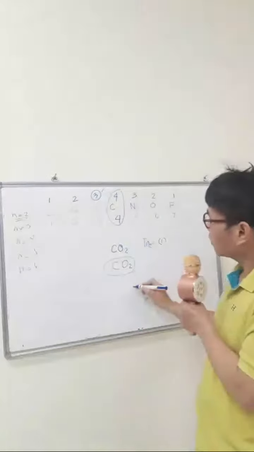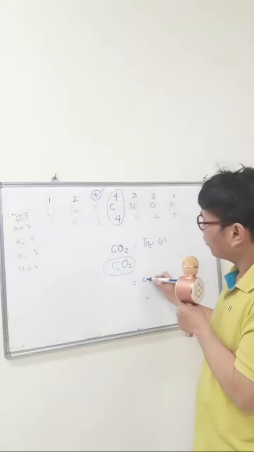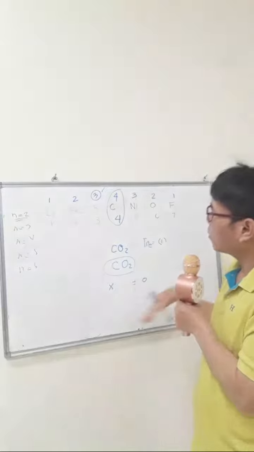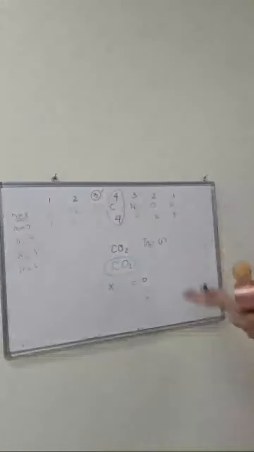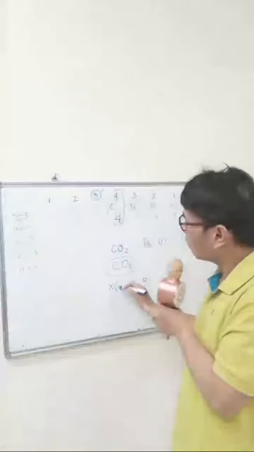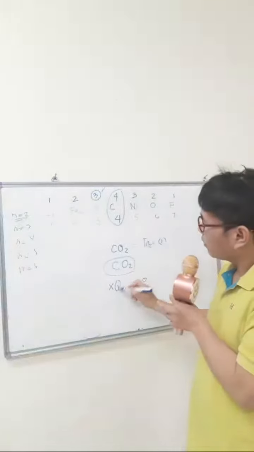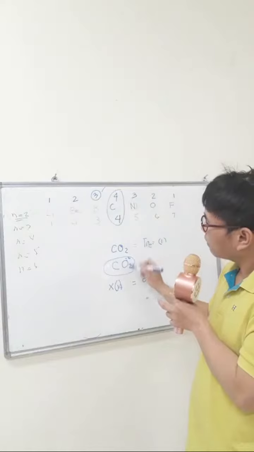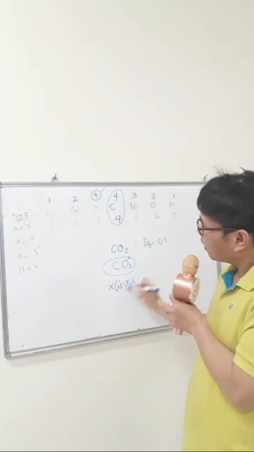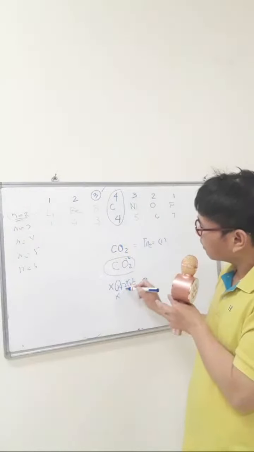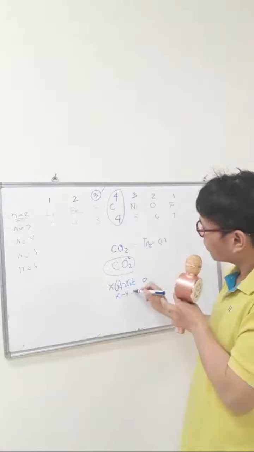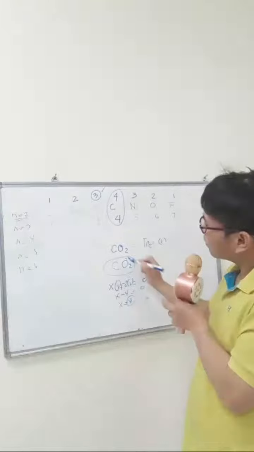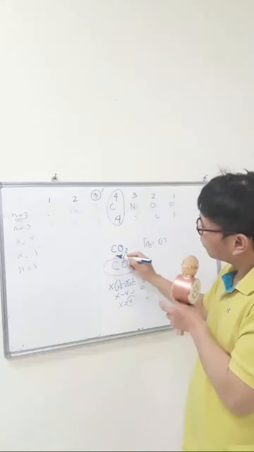So carbon is equal to x, the unknown oxidation state we're trying to compute, times the subscript 1 here, and then plus oxygen -2 oxidation state, -2 times 2. Then x times 1 is equal to x, -2 times 2 is -4, equals 0, x is equal to 4. And therefore 4 is the oxidation state of carbon, 4.